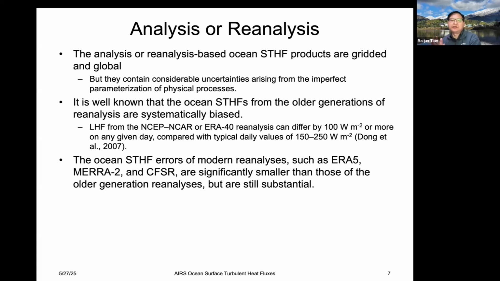But we all know numerical models, and reanalysis based on numerical models, have a large uncertainty due to imperfect representation of physical processes. For example, for the older generation reanalysis, such as NCEP reanalysis or ERA-40, the latent flux in these two reanalyses can differ by about 100 watts, which is huge.